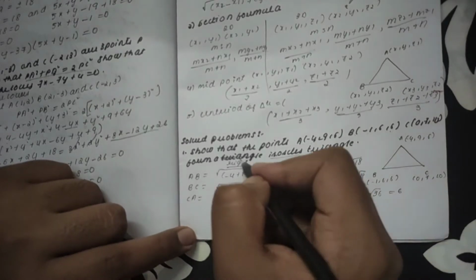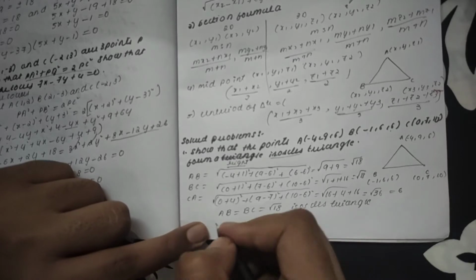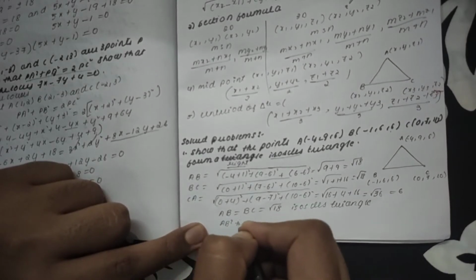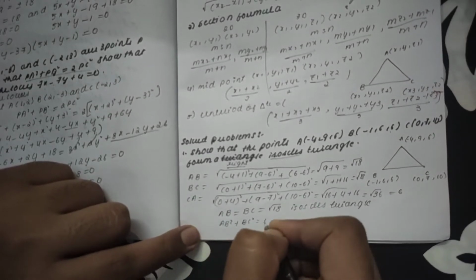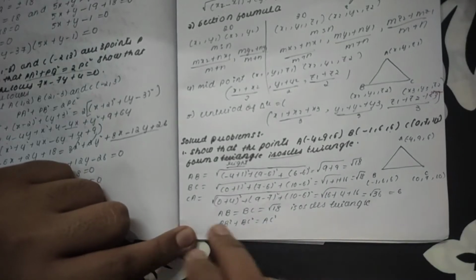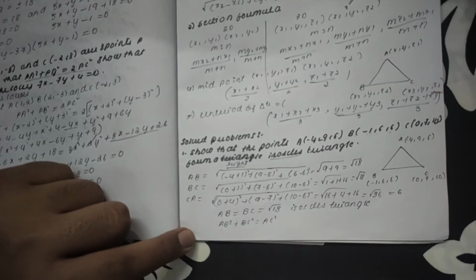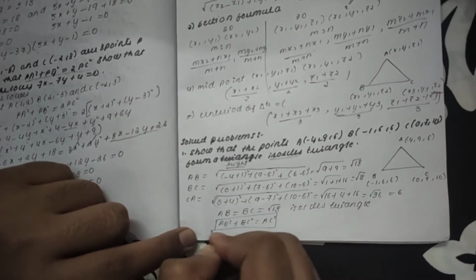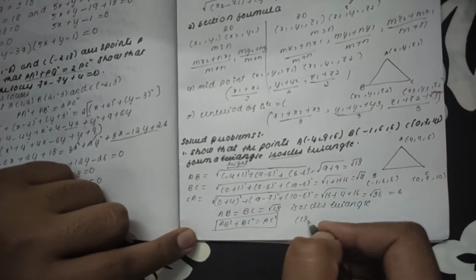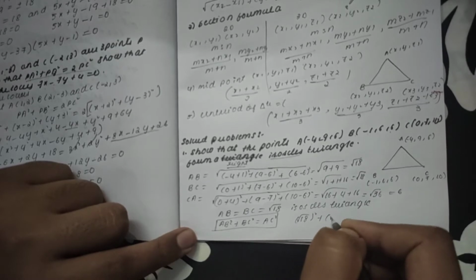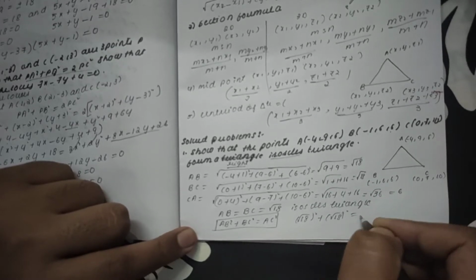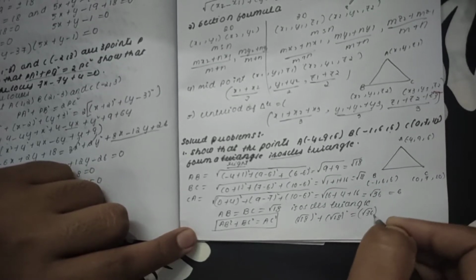In order to prove it as a right angle triangle, it should satisfy the condition AB square plus BC square is equal to AC square. So substitute the values of AB, BC and AC in this Pythagoras formula, which is root 18 whole square plus root 18 whole square is equal to root 36 whole square.